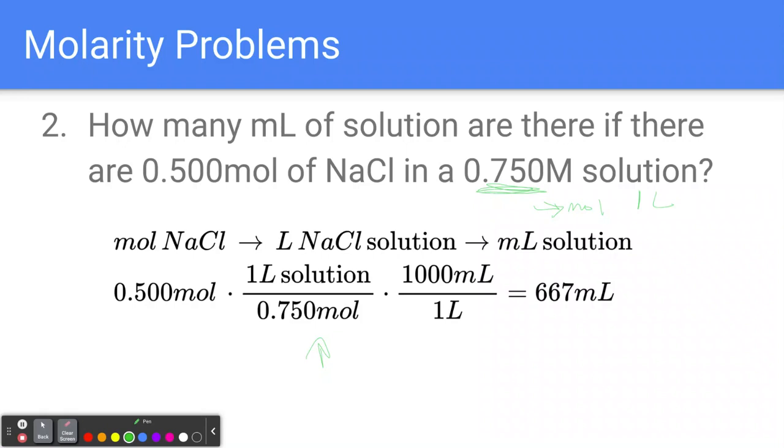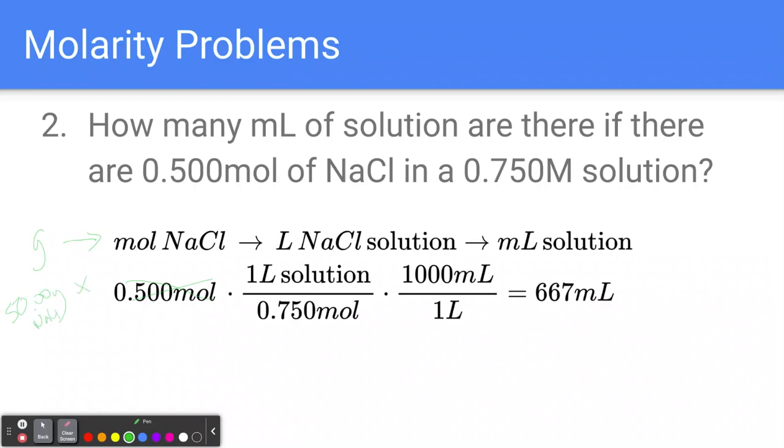So in this case, we're starting with 0.5 moles, cancel out, into liters, and then out of liters and into milliliters, using that 1,000 to 1 conversion there. Now, technically, we could have started here with grams. If we started here with grams, we would have wanted to go from grams of sodium chloride into moles of sodium chloride. And so instead of starting here with moles, you would have started with maybe 50 grams of sodium chloride.